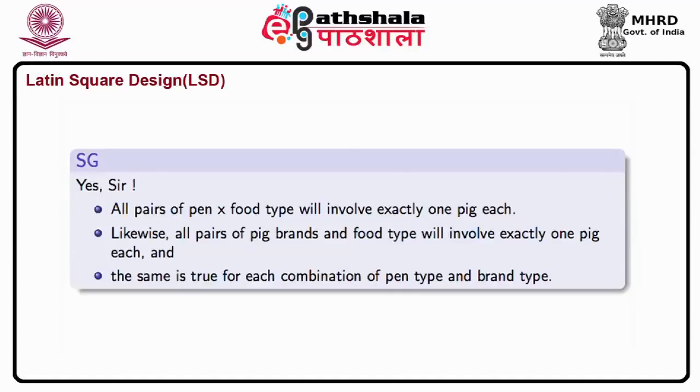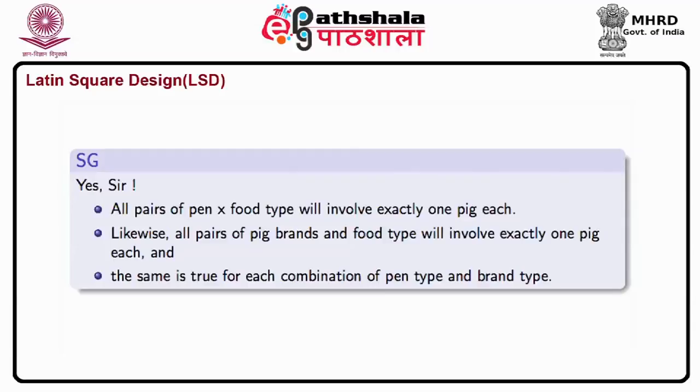So we have one row element and one column element with exactly one observation. The letters come with the rows exactly once, and with the columns exactly once. So the treatment, row and column all have a cross section of one experimental unit.